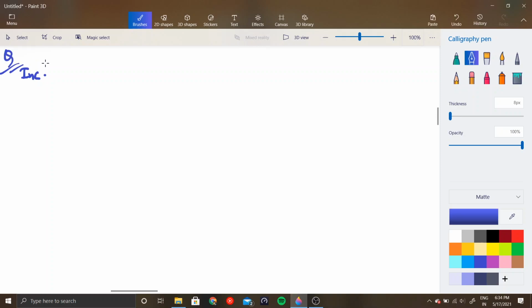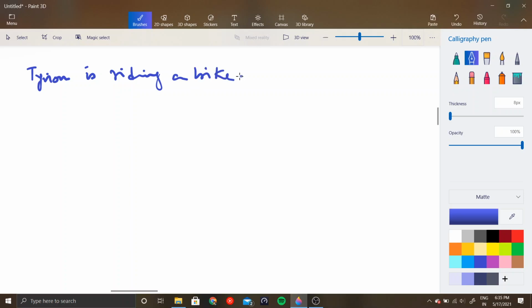Okay. So suppose, let's give another name, suppose Tyrion is riding a bike.